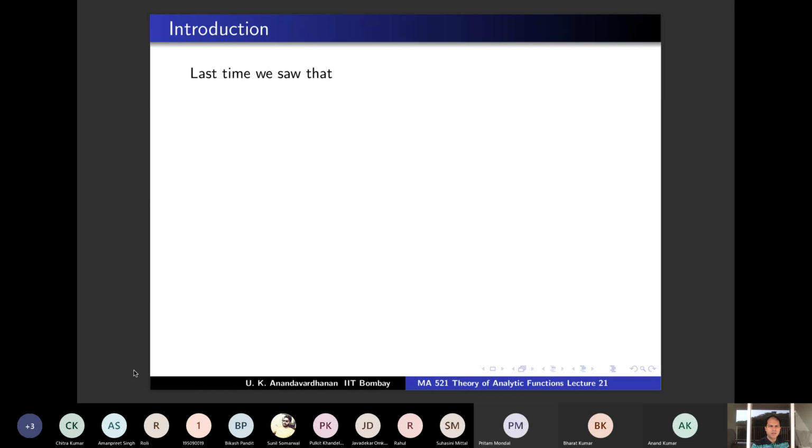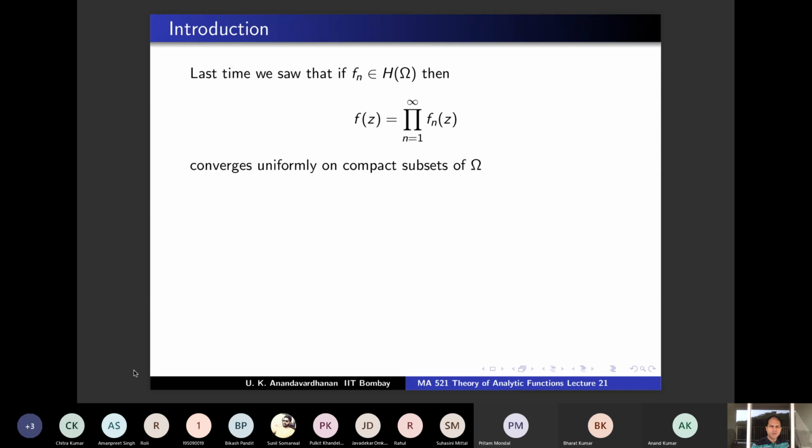So let me just restate that result. Last time we saw that if fn's are holomorphic, then this infinite product is uniformly convergent on compact subsets, provided the sum of modulus of 1 minus fn is uniformly convergent on compact subsets.